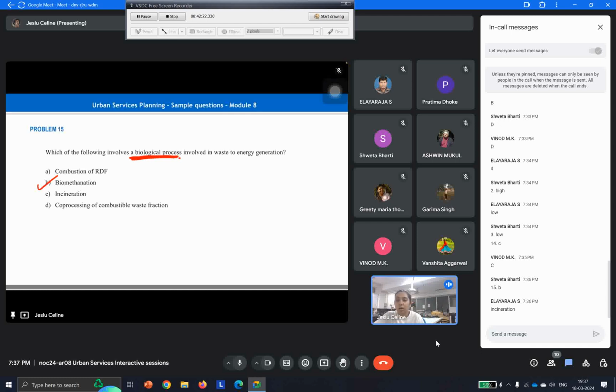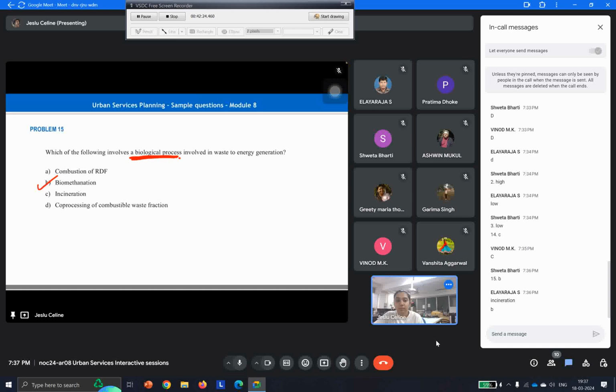So it's not incineration, it is B, biomethanation. Incineration is just burning, so it's more of a chemical process than a biological process, whereas in biomethanation we have anaerobic digestion happening. Incineration is a thermal process.